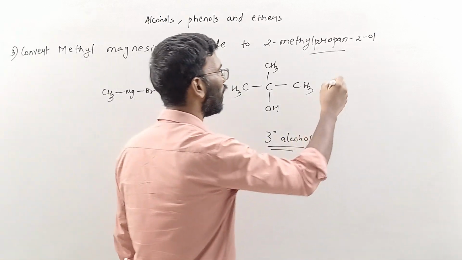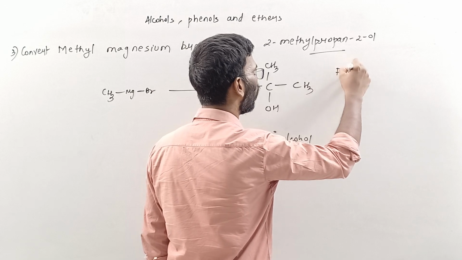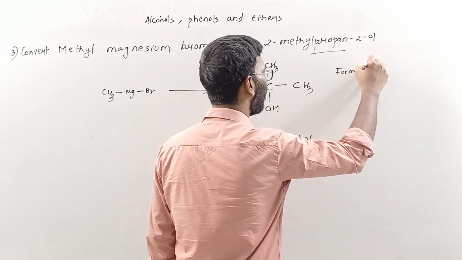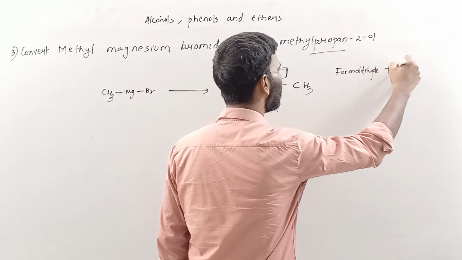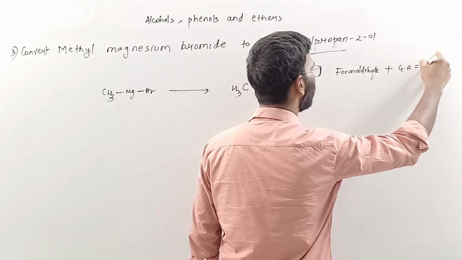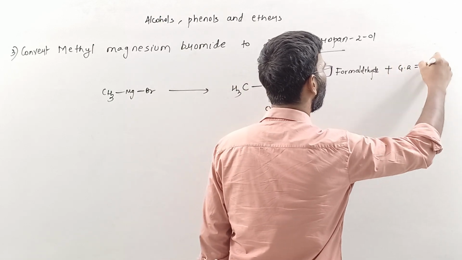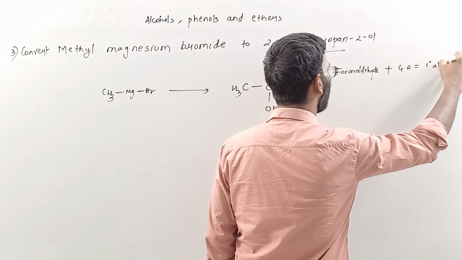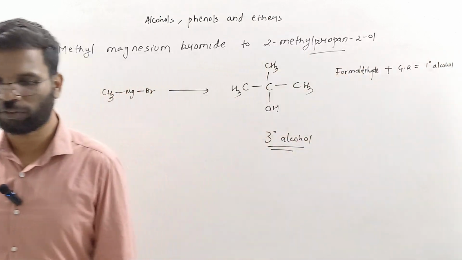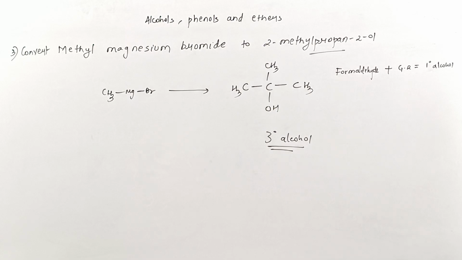Always remember, formaldehyde plus Grignard reagent gives a primary alcohol, because formaldehyde is the only one which will give a primary alcohol. Okay.